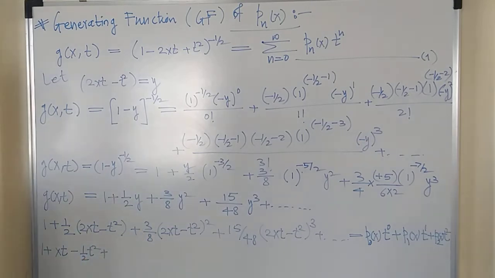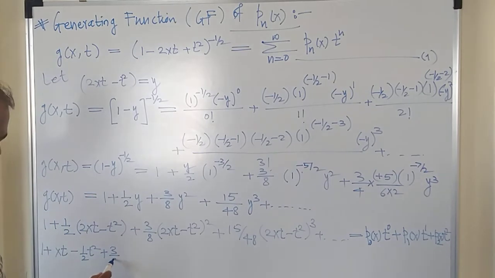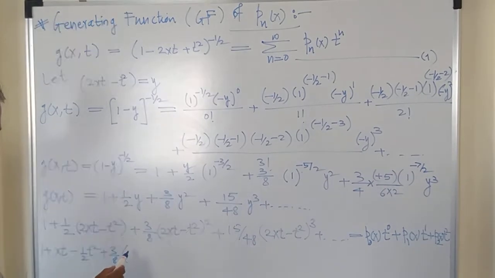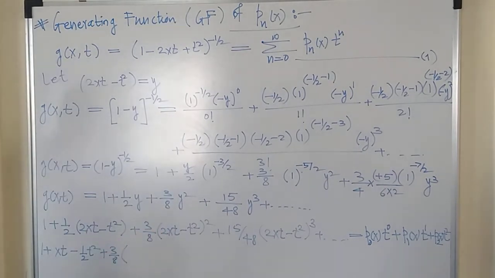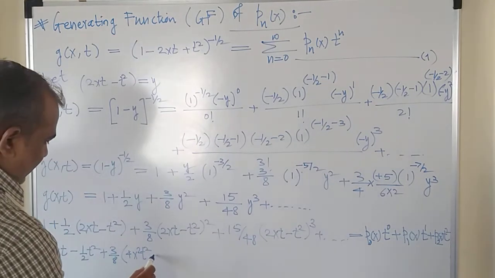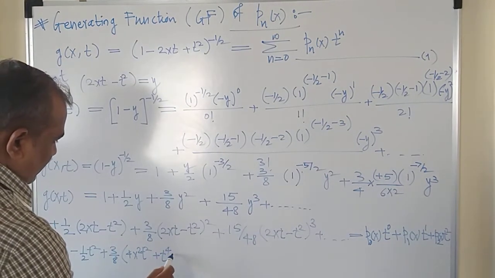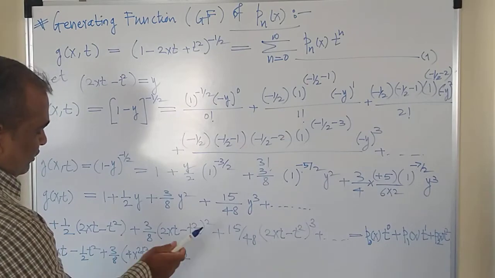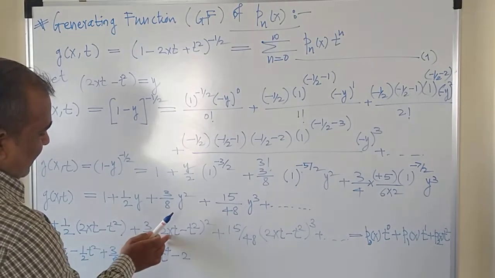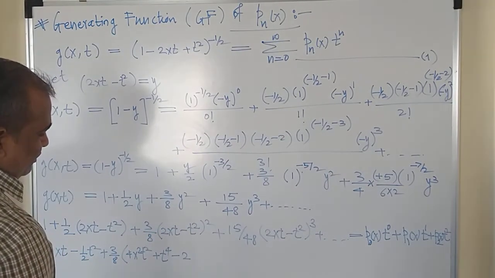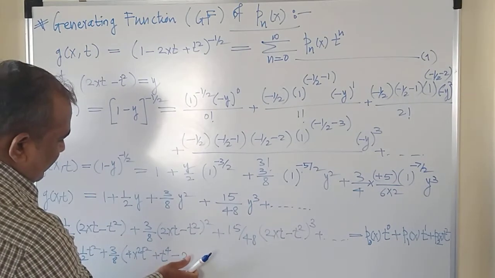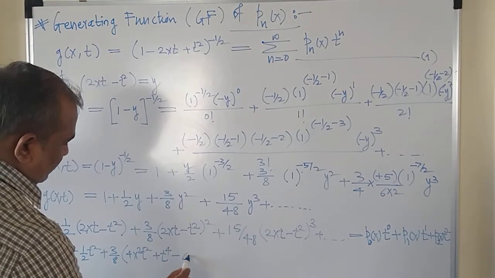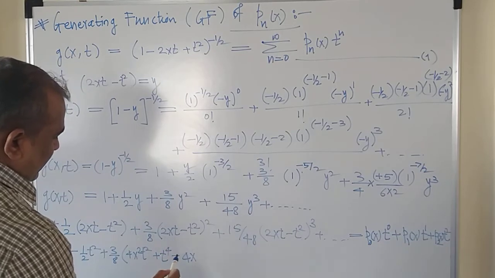Plus if you simplify this you will get 3 by 8 into (a minus b) whole square, that means a square is 4x square t square, plus b square is t raised to power 4, minus 2xt, 2 into ab, 2 times this into this, so this will be 4x t cube.